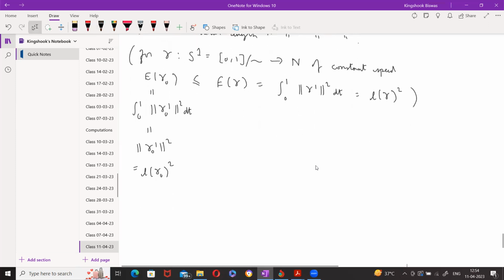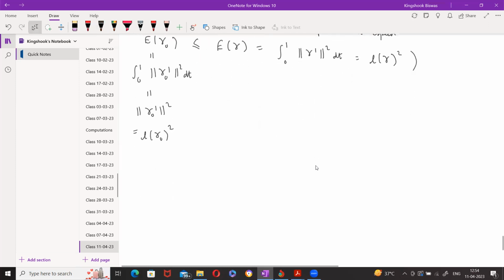So the picture is something like this. In non-positive curvature, if you have a closed geodesic, it will be the shortest length in its homotopy class. So all these other curves will be of larger length.